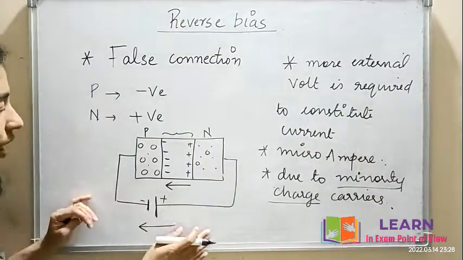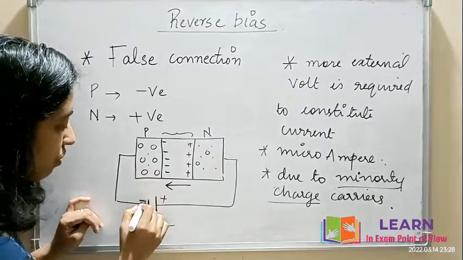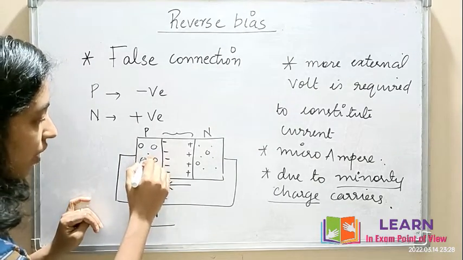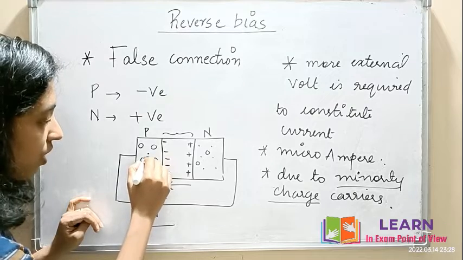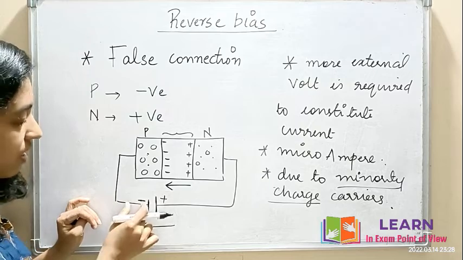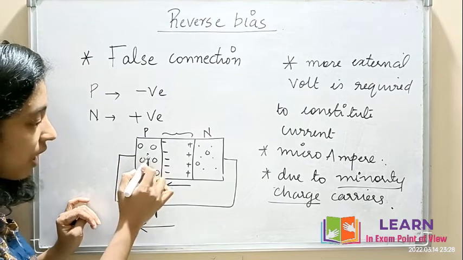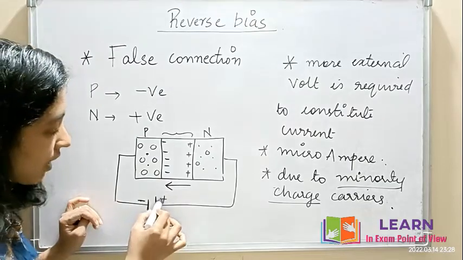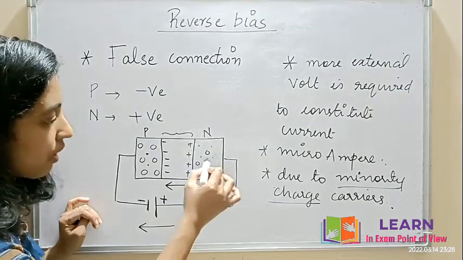Okay. How did these minority charge carriers come here? Let us look at here. We know that here is negative charge, right? And this negative charge will be repelling the electrons, the minority charge carriers in P type, which are electrons. This negative charge will be repelling these electrons since they are like charges, right? And this plus charge will be repelling what?